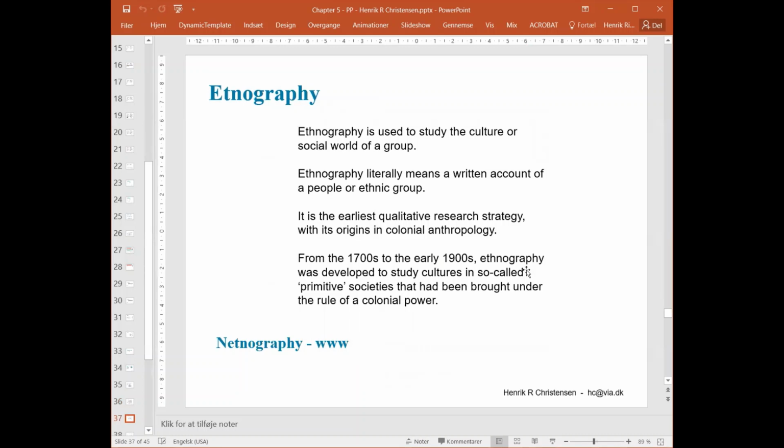Then we have the thing called ethnography, and I've simply written that it literally means a written account of people or an ethnic group.